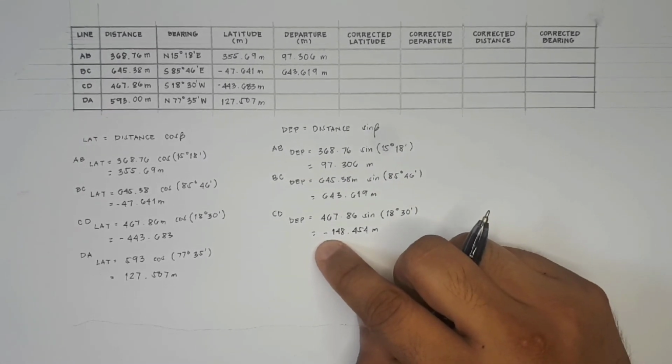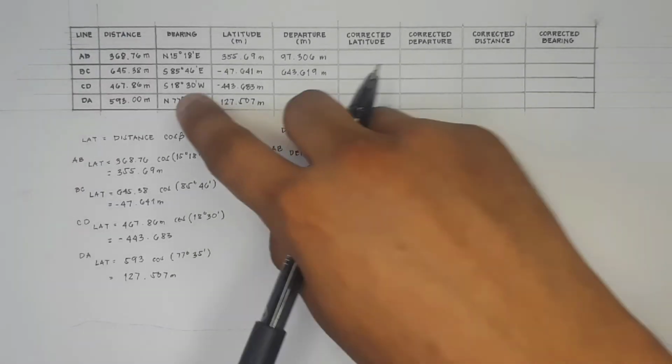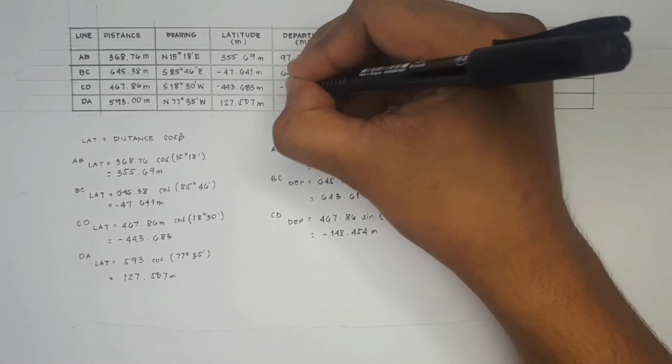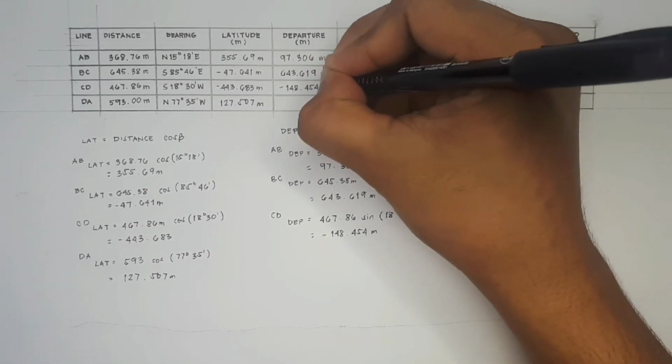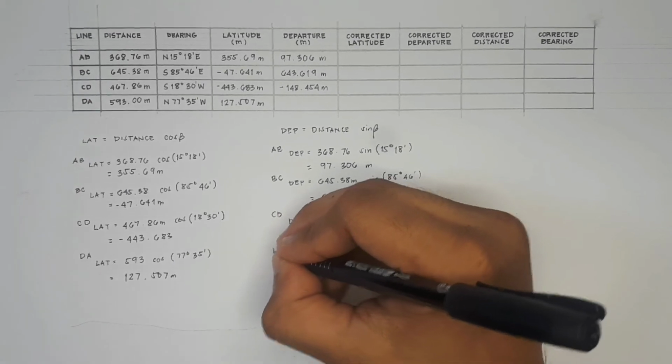It is negative since the direction of line CD is going west.